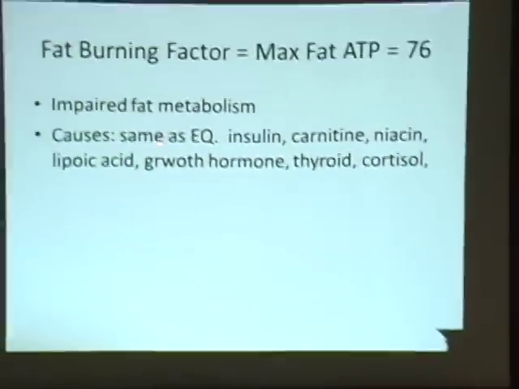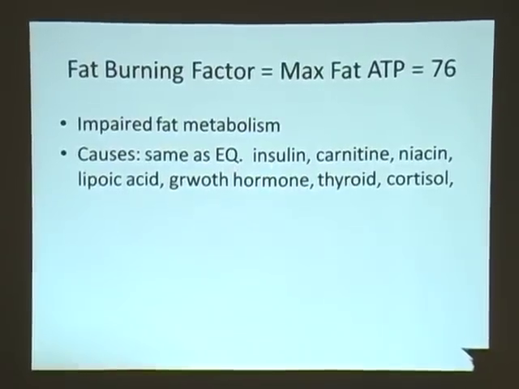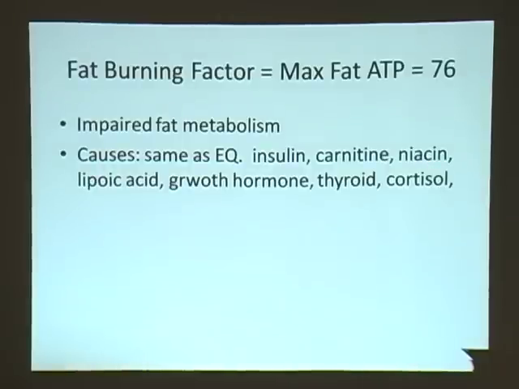So the causes of impaired fat metabolism are basically the same as for the EQ. But it also could be insulin, too much insulin, not enough carnitine, not enough niacin. These other factors come into play with how well you can burn fat too. Lipoic acid is a critical component for fat metabolism.